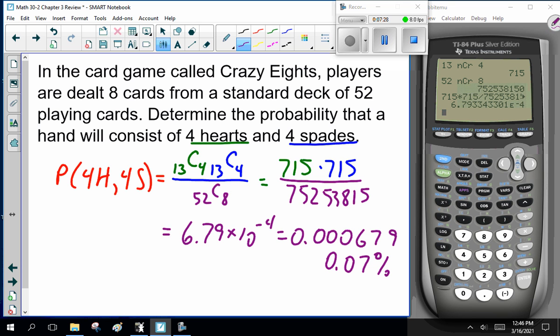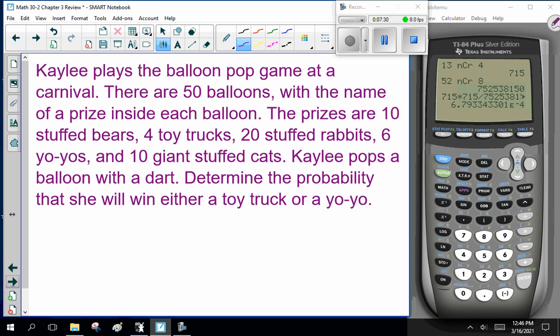Okay? Now, Katie plays the balloon pop game at a carnival. There are 50 balloons, with the name of the prize inside each balloon. The prizes are 10 stuffed bears, 4 toy trucks, 20 stuffed rabbits, 6 yo-yos, and 10 giant stuffed cats. Katie pops a balloon with a dart. Determine the probability that she'll win either a toy truck or a yo-yo.